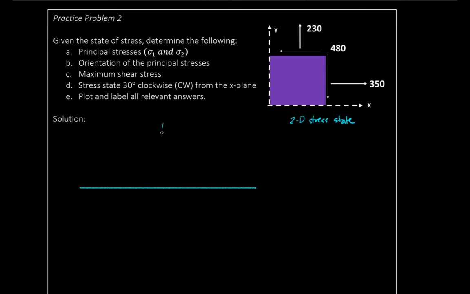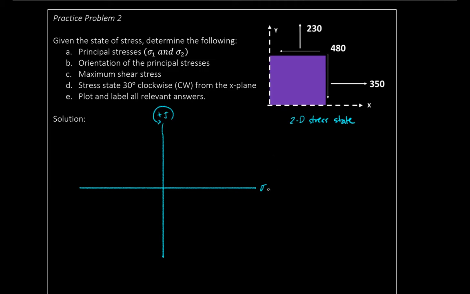So we have the sigma axis, and we have the tau axis. This is arbitrary, which direction we give a positive value, but I'll just do counterclockwise is positive for me. It wouldn't really matter, it wouldn't change your answer.